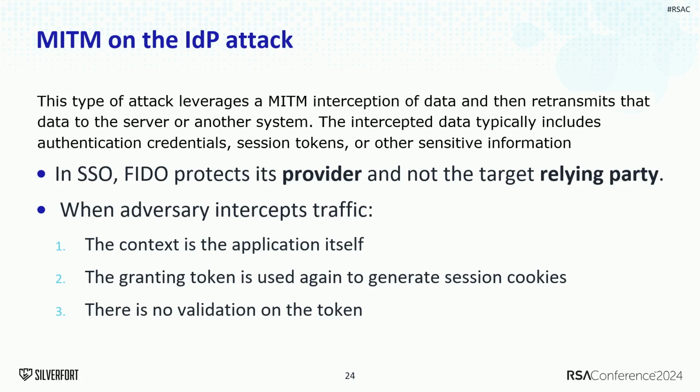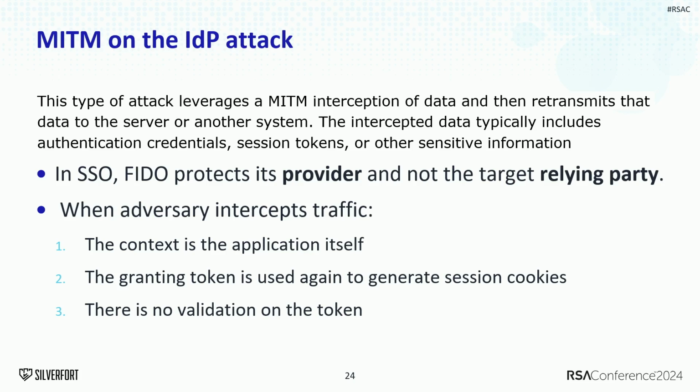When an adversary intercepts the traffic, the context should be the application itself. When I am man in the middle, I don't even have to intercept the authentication itself, which is in a different context. I just need to catch the session token or the refresh token.